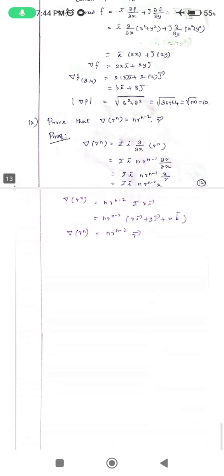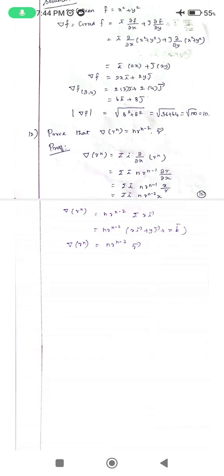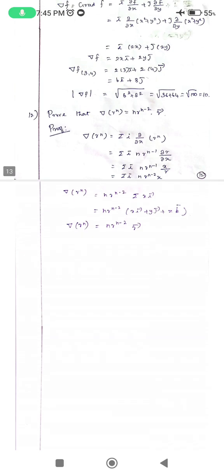And the next one is prove that del of r power n is equal to n into r power n minus 2 into r vector. Del of r power n, del is written as summation of i into ∂/∂x of r power n. Differentiating r power n, we get n into r power n minus 1, and again differentiating r, we get ∂r/∂x.